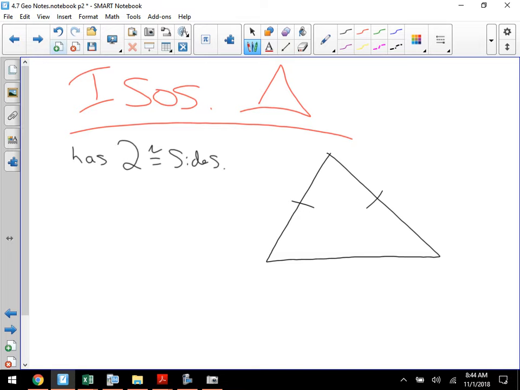Now, when we define isosceles triangles, the angle that is between the two congruent sides is called the vertex angle.